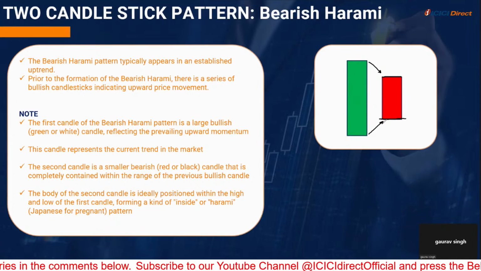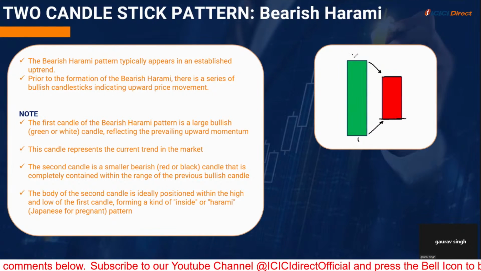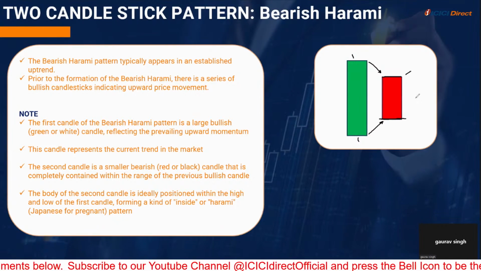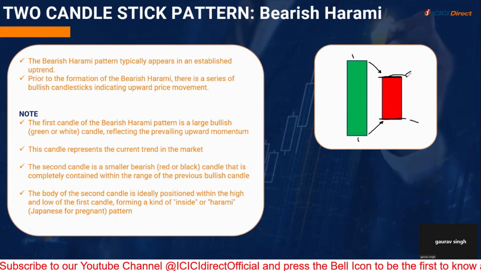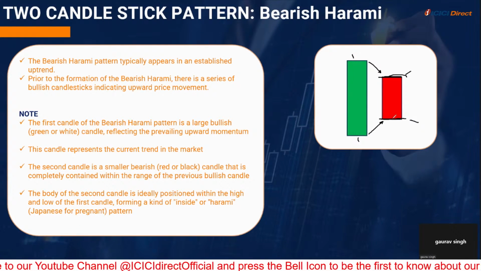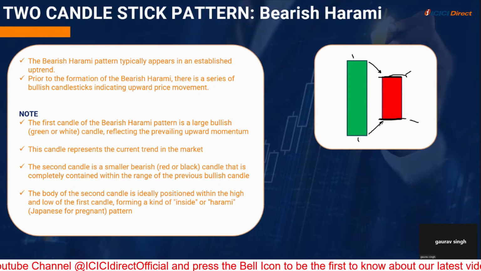Yes or no? For a green candle, this is the open price and this is the close price. And for a red candle, this is the open price and this is the close price. So the open of this red candle should be lower than the close of the previous candle, and the close of this red candle should be higher than the open of the previous candle. Is this clear?